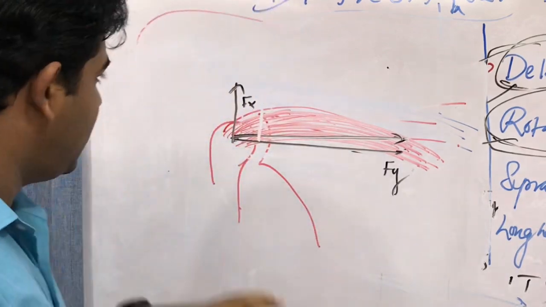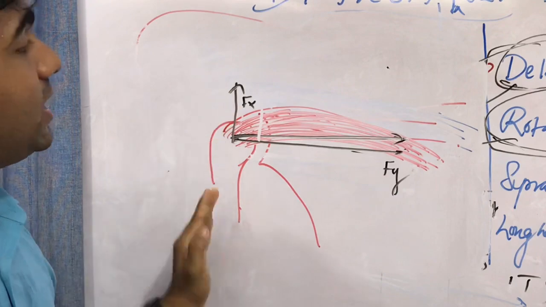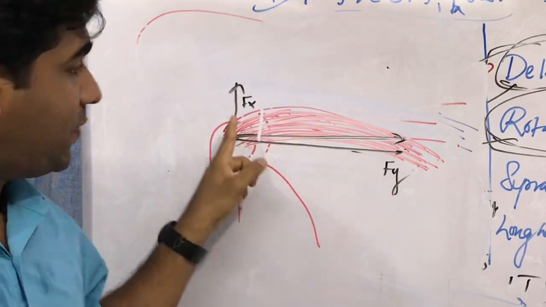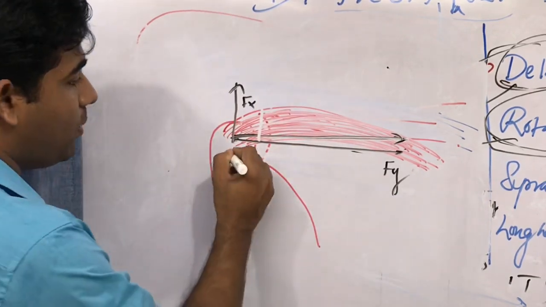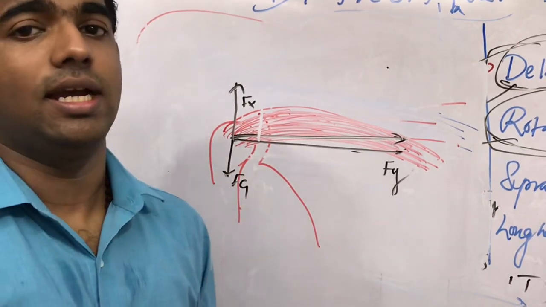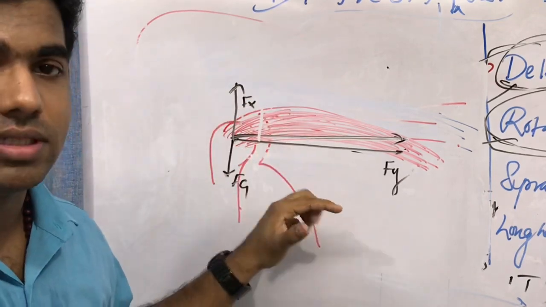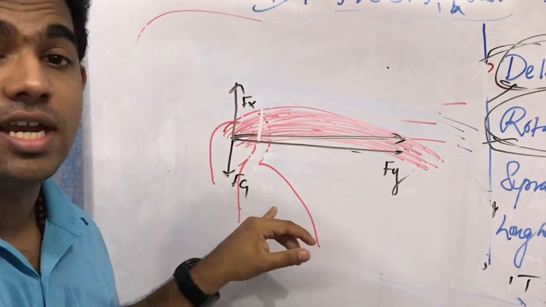At the same time, it has a disadvantage that it has an Fx component which is superiorly directed. This Fx is very small, thus it will be balanced by gravity. This will be balanced by gravity, not the deltoid force, since the supraspinatus is a single muscle, that force will be balanced by F gravity.